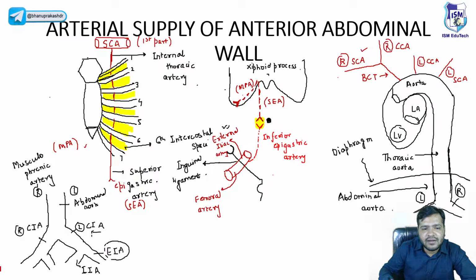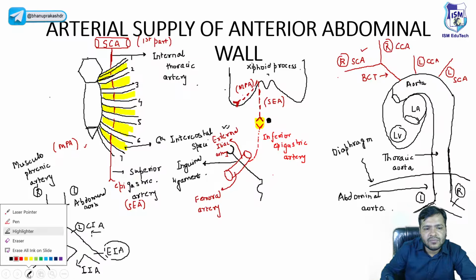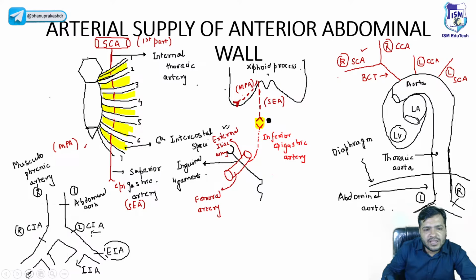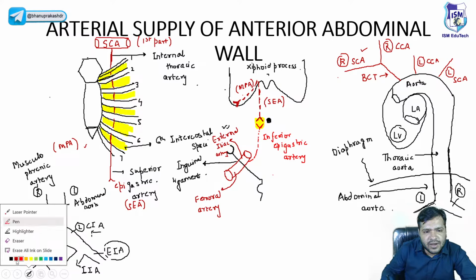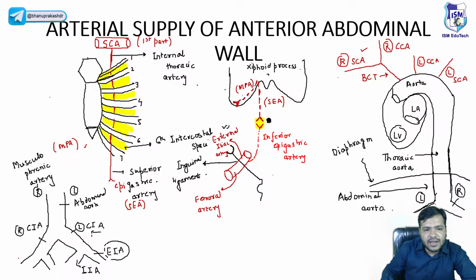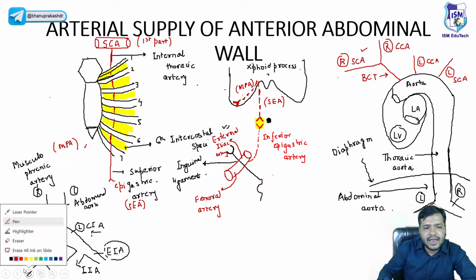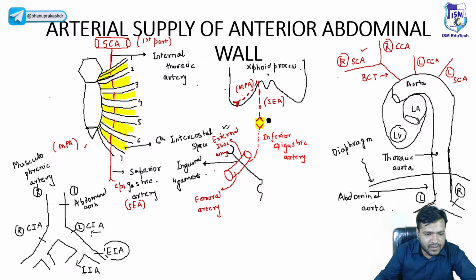from the femoral artery another branch will come, and it will again supply the anterior abdominal wall, the muscles of the anterior abdominal wall, and this is called the superficial epigastric artery.